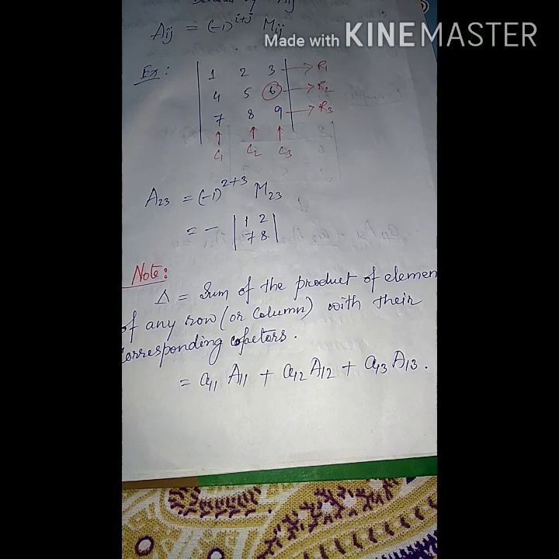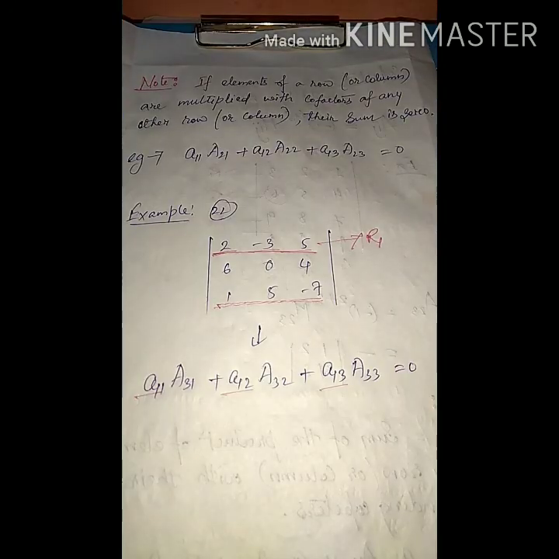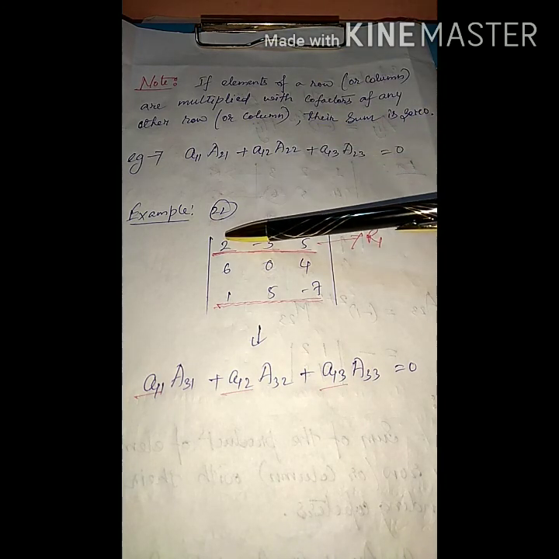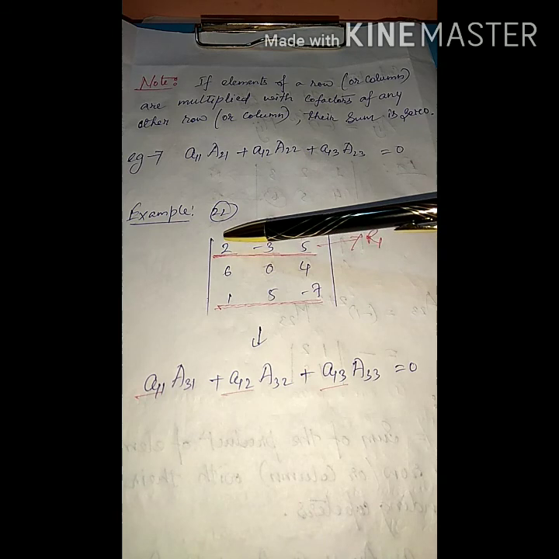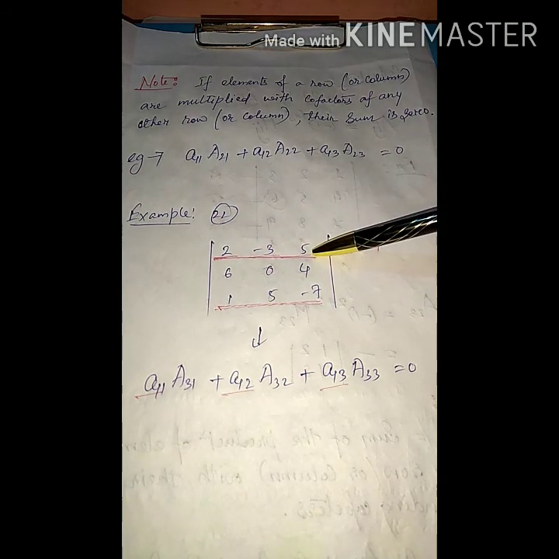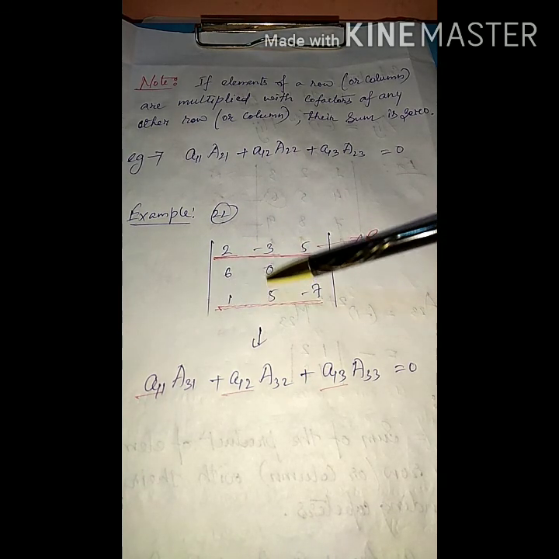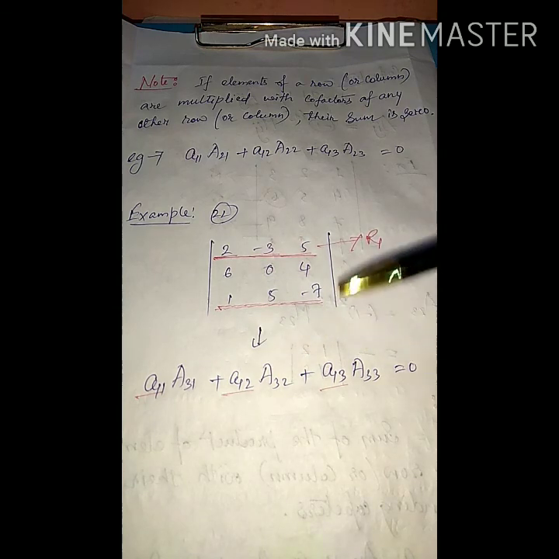Let's see this one. If elements of a row or column are multiplied with cofactors of any other row or column, then their sum is 0. So suppose we consider the first row 2, minus 3, 5, and we multiply by the cofactors of 1, 5, 7, then what is the value? 0.